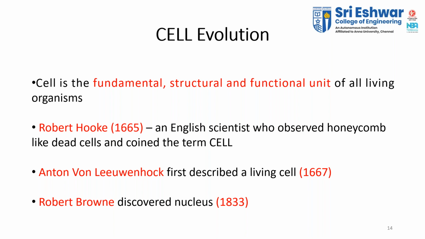Robert Hooke discovered the cell in the year 1665, and Anton van Leeuwenhoek was the first to describe a living cell. Robert Brown discovered the nucleus. After the cell was described, Robert Brown discovered that there is a nucleus inside the cell. These are all the steps in the evolution of our understanding of the fundamental, functional unit of living organisms.